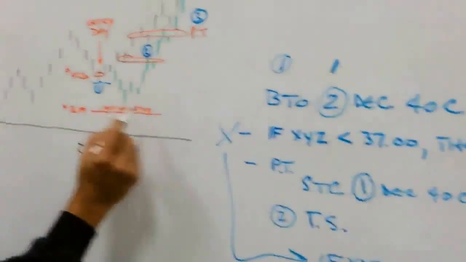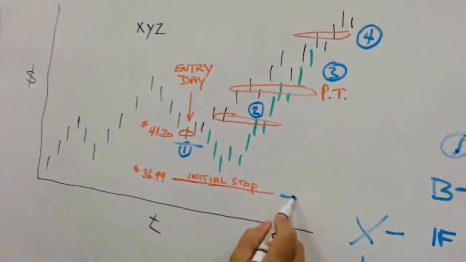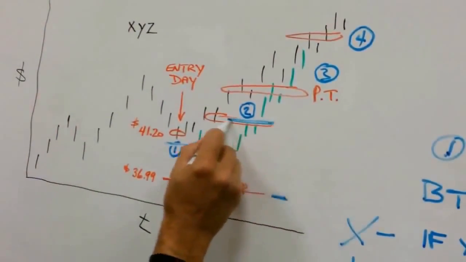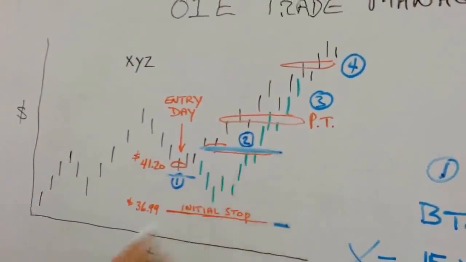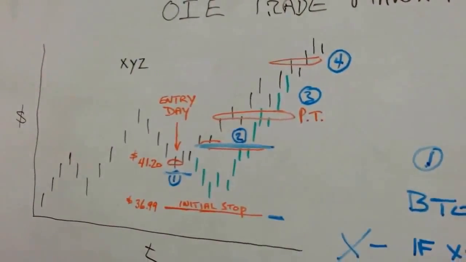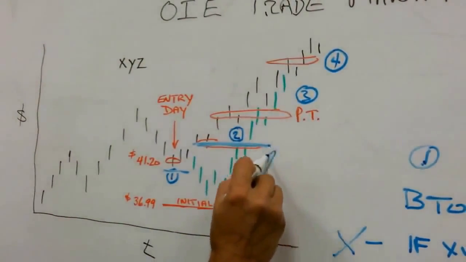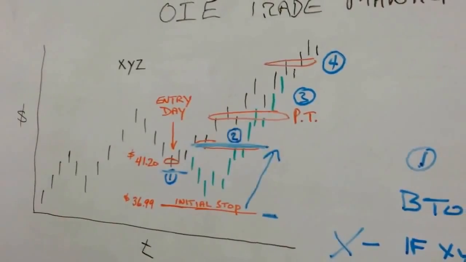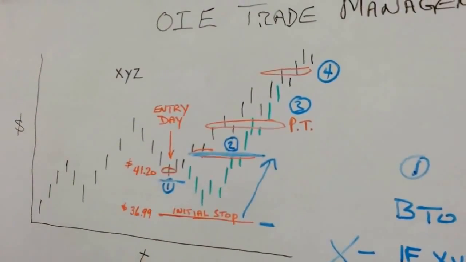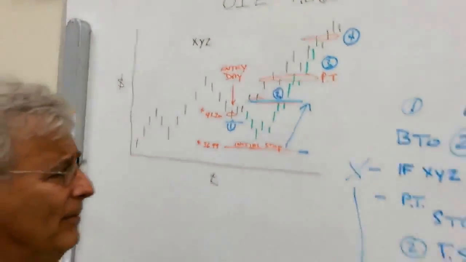Now notice what I've done. I've moved the initial stop from here all the way up to here rather quickly, first reducing and eliminating risk and then locking in profit. And I haven't even hit the profit target yet.